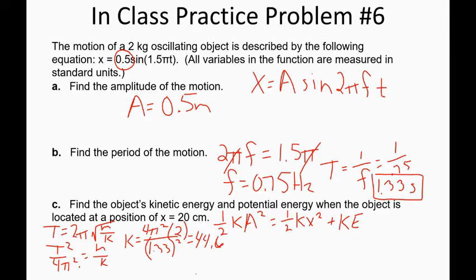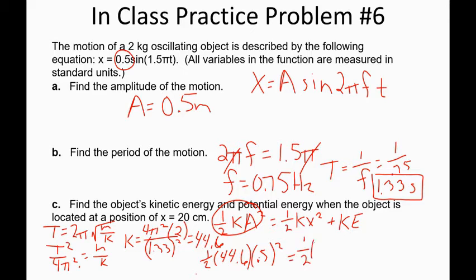So the next step is going to be to figure out what my 1/2 k a squared is. 1/2 k a squared is going to be 1/2 that 44.6 times my A, which is going to be 0.5 squared. Okay, and then that's going to be equal to my potential energy, which is 1/2 k.